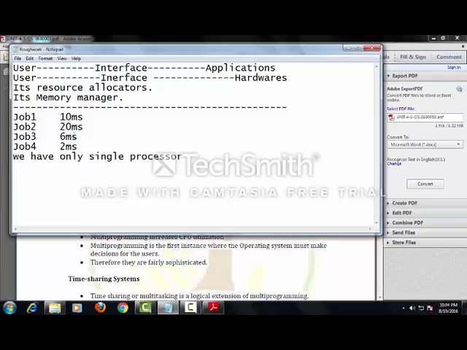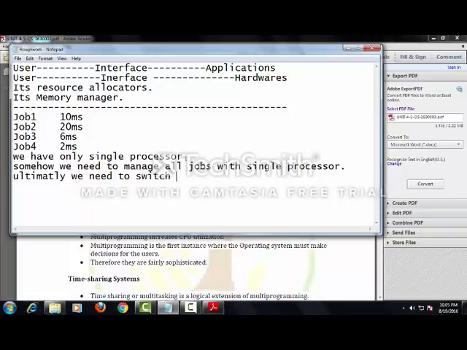Okay, so somehow we need to manage all jobs with a single processor, right? So ultimately we need to switch the processor from one job to another.